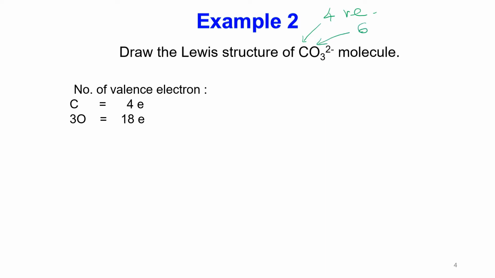Oxygen 6 valence electron, but we need to times with 3 because we have 3 oxygen atom. And we have the charge of -2, so we put 2 for the charge.